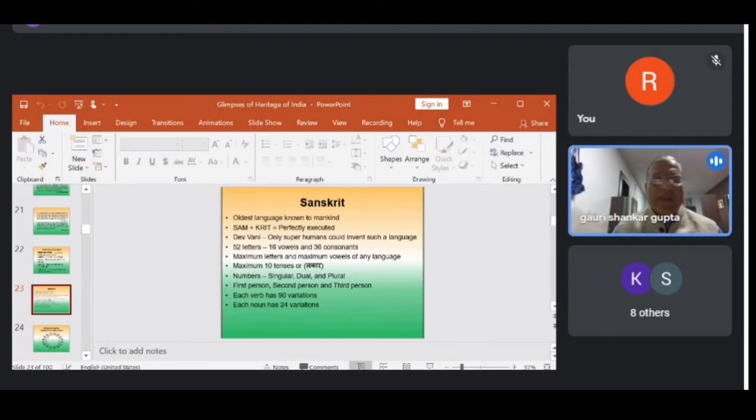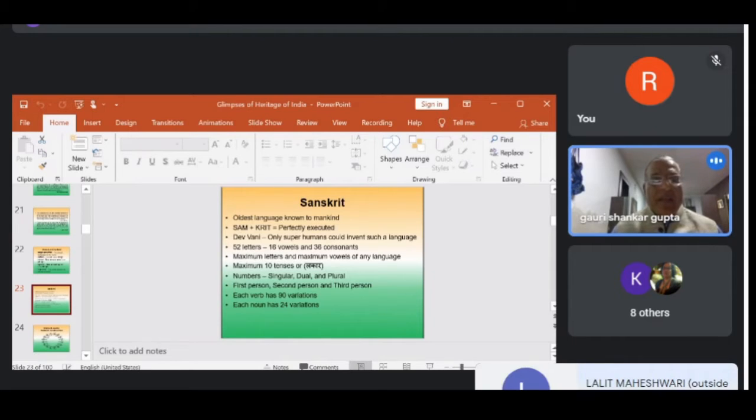So it's the most perfectly executed language in the world. And that is why it is also called Devvani, because this language, as we will see it further down, cannot be actually created by human mind. It requires a superhuman mind to create a language like Sanskrit. And that is why people call it Devvani.